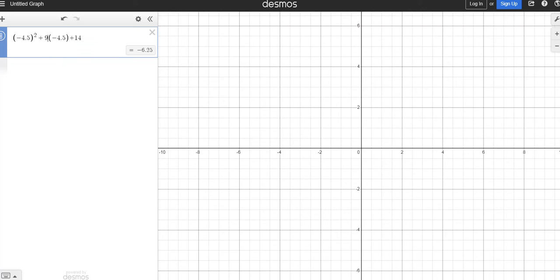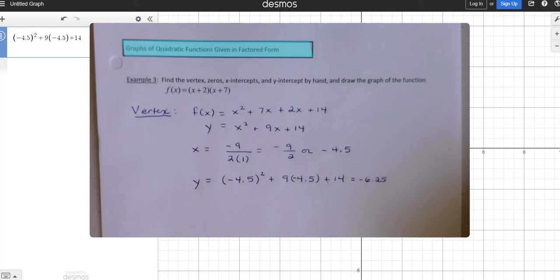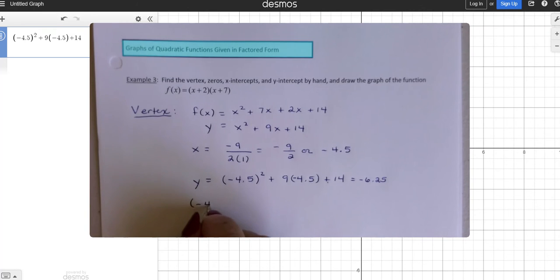So it's negative 6.25. And just remember that if you wanted a fraction, you could change it to a fraction, negative 25 fourths, but it comes out exactly, so using the decimal is really no problem. All right, so there's my vertex, negative 4.5, negative 6.25.